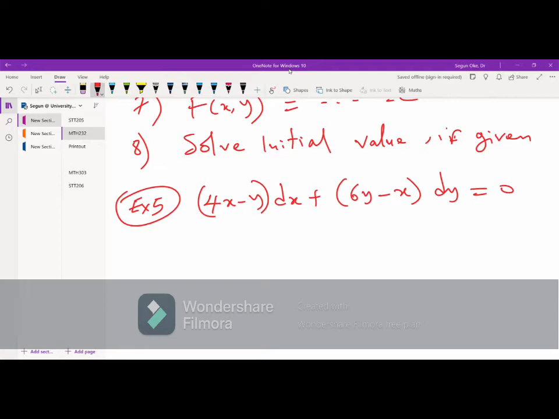Where f sub x is the same thing as M, which is 4x minus y. So what is going to be my dM/dy? Minus 1. Minus 1, thank you.